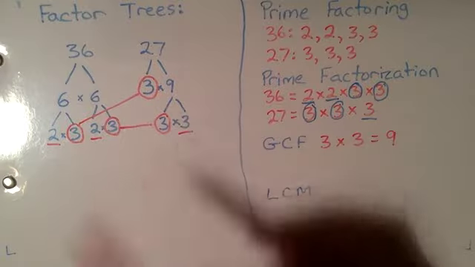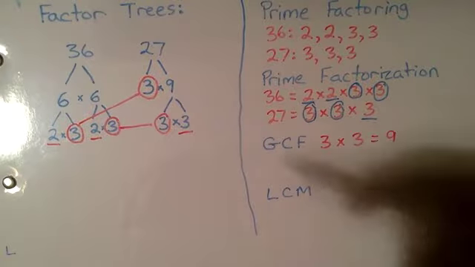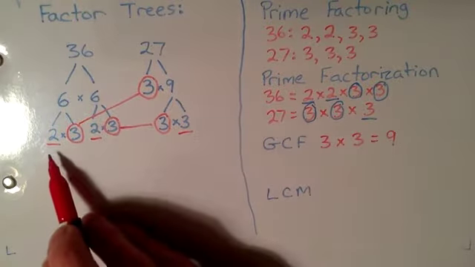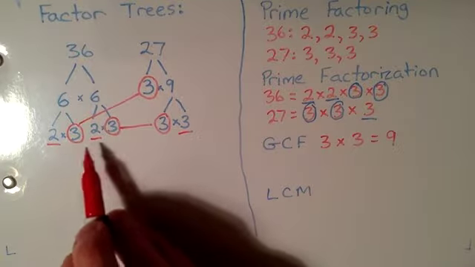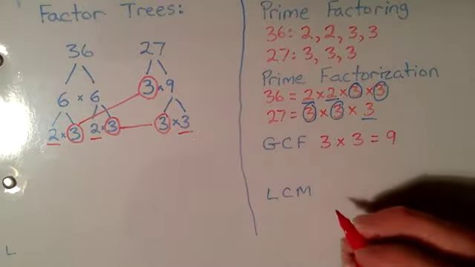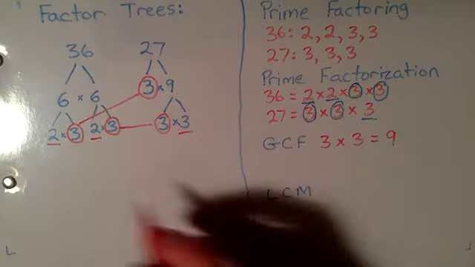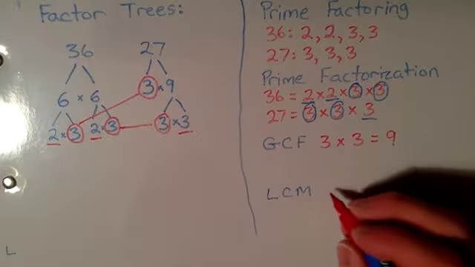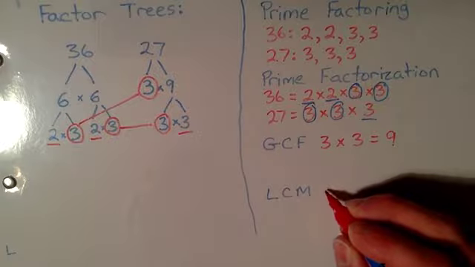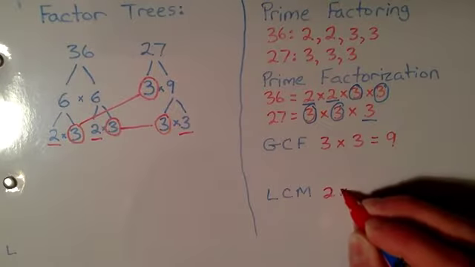Now, how can we find the least common multiple? Well, this is why I really like to stay with the factor tree. What you do is you use the leftover numbers, so the underlined numbers. In this case, I'll start with the underlined numbers on the left factor tree, the one for 36. And so we have a 2 times a 2.